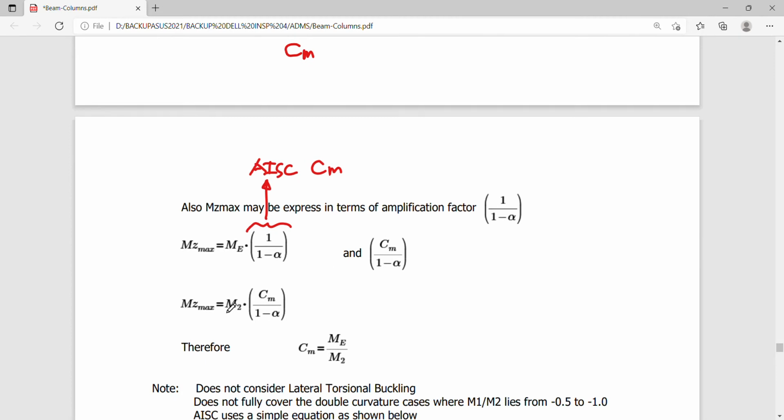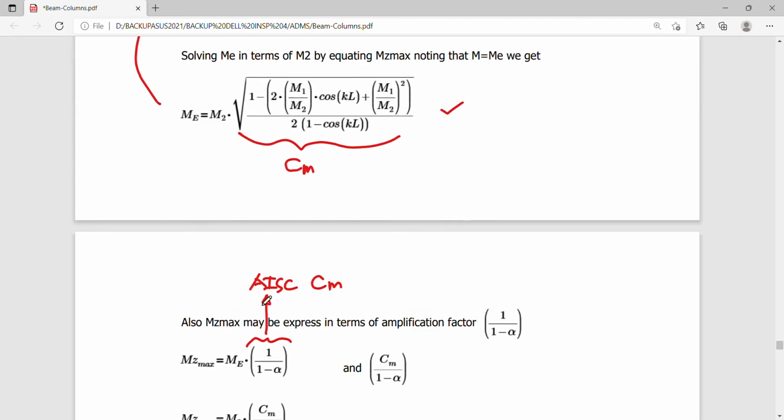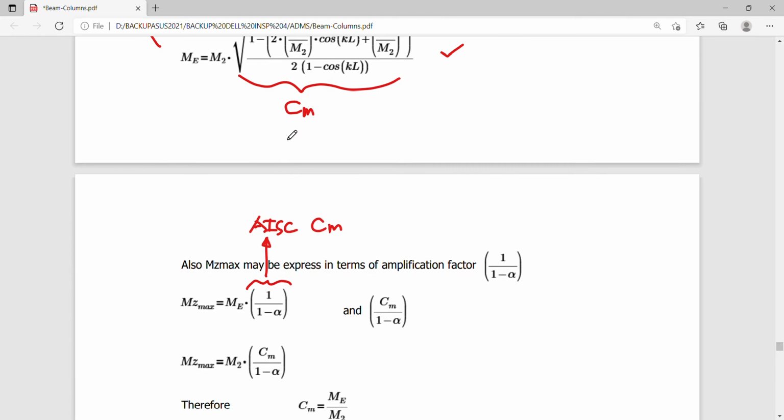And also for the MC max, the amplification factor now, if we consider M2, a variable will be inserted here. We take note that your MC max can actually be represented by Cm M2, and we simply divide it by 1 minus alpha to capture the moment magnification or amplification factor in general.